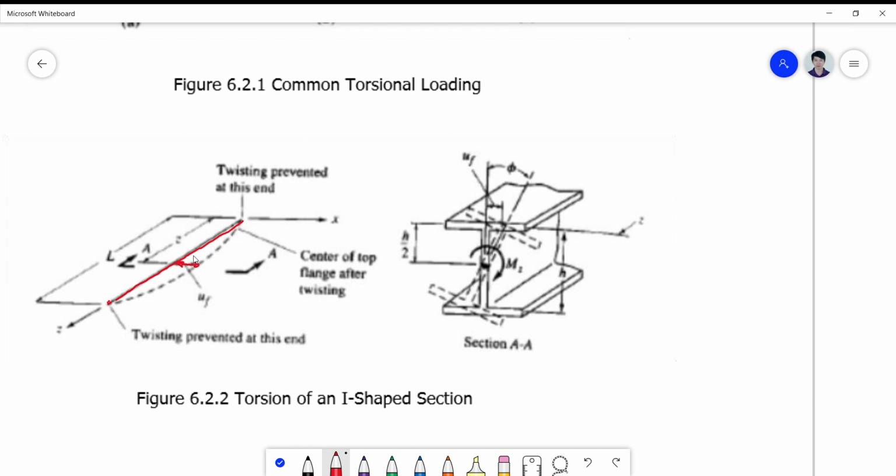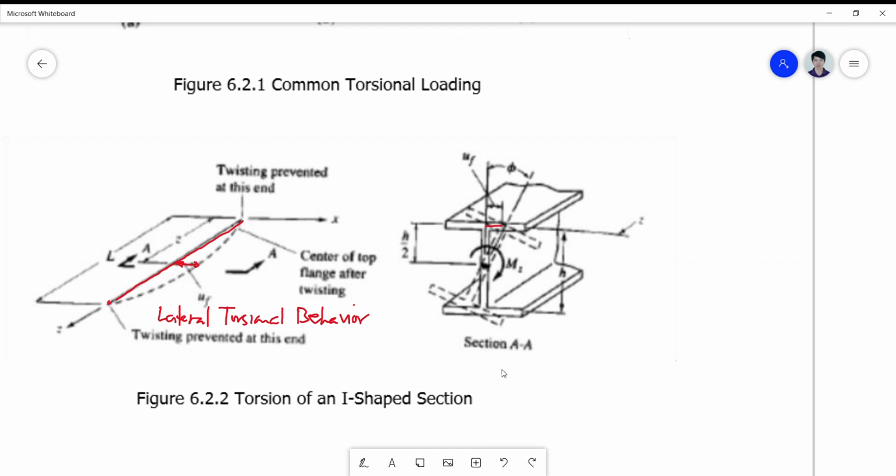So uf there can actually be a representation of the uf here, considering the torsional behavior, while here we are actually considering a sideway deflection or a lateral bending, which is categorized under the lateral torsional behavior concepts that we are going to discuss for the rest of this lecture.